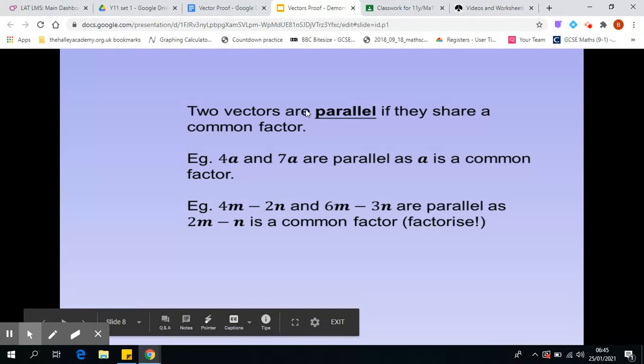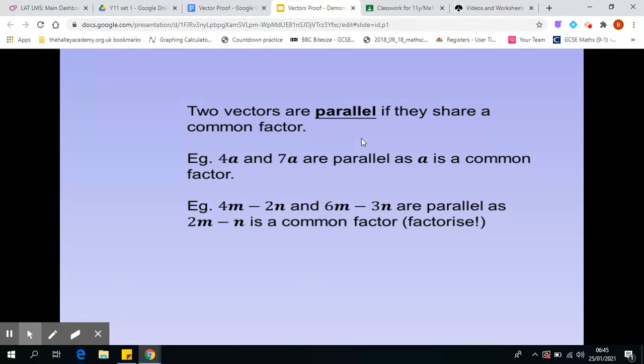Two vectors are parallel if they share a common factor. For example, 4a and 7a are parallel because a is the common factor. Also, 4m minus 2n and 6m minus 3n are parallel, as 2m minus n is a common factor.